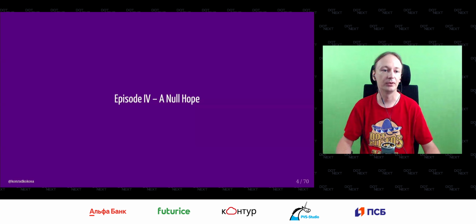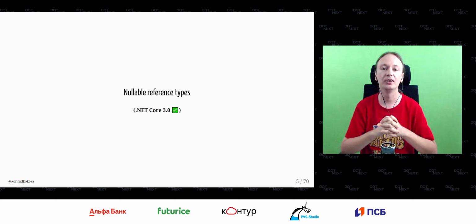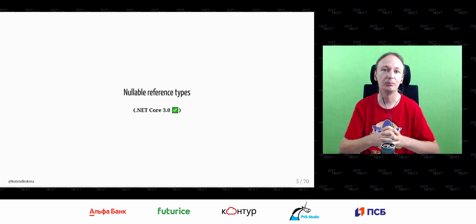First of all, episode number 4, a null hope. Null hope is about nullable reference types, which are already usable because they were added in .NET Core 3.0. You can use them with the help of C# 8, and they are about making reference types non-nullable by default.